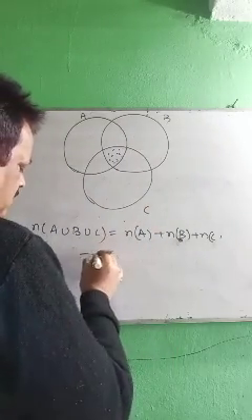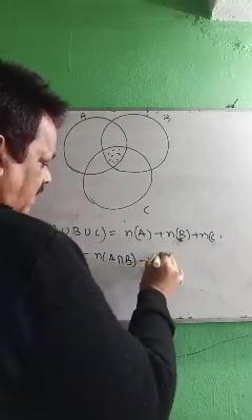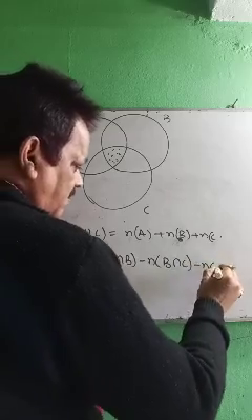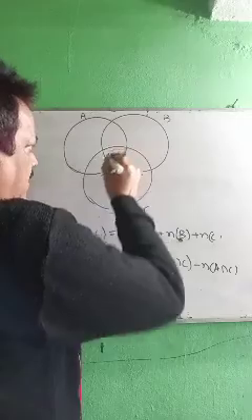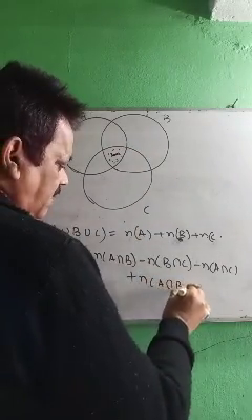Then minus number of A intersection B, minus number of B intersection C, minus number of A intersection C. Then this part plus number of A intersection B intersection C.